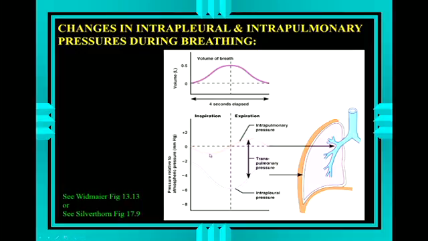But at a key point fairly early on in inspiration, the pressure stops dropping and starts to go back to normal. And there's a very simple answer for why, and that is because air's being sucked in.